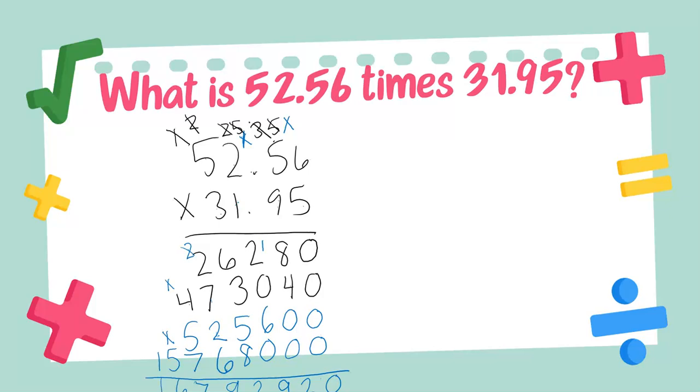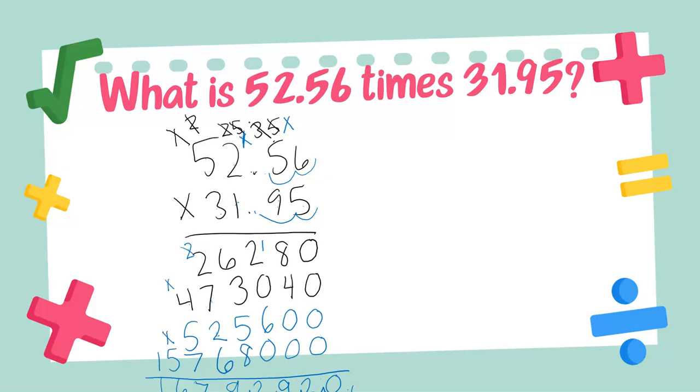Now, we are not done because we have to account for the decimal places. In our original problem, we have 2 decimal places in 31.95 and another 2 in 52.56. That means we have to move our decimal point 4 spaces because we have 2 in each, so a total of 4. 1, 2, 3, 4.